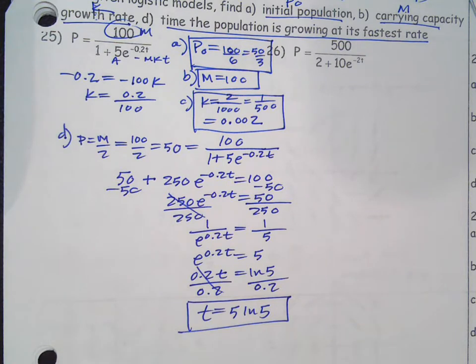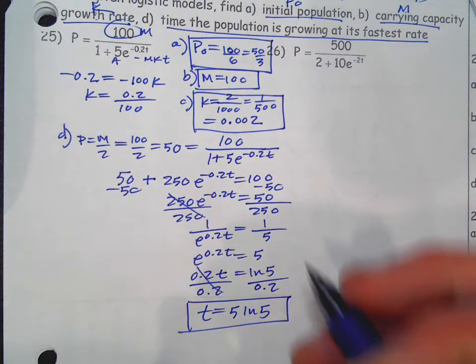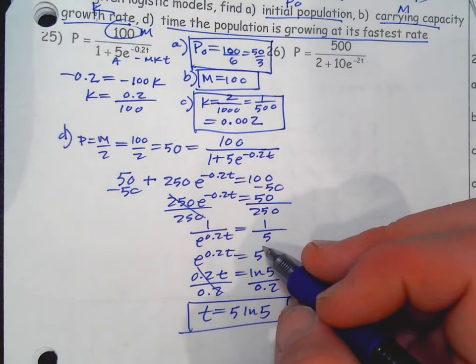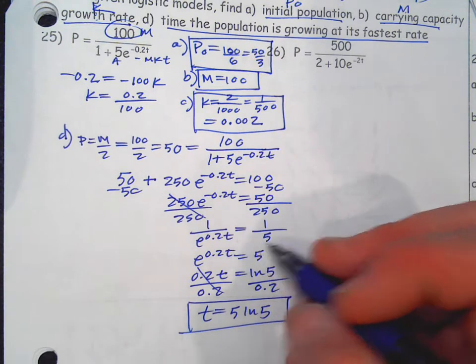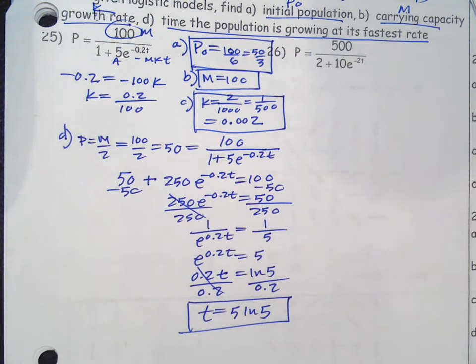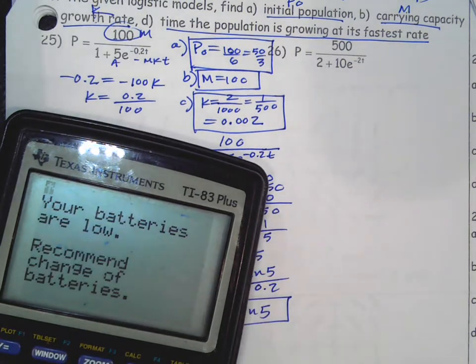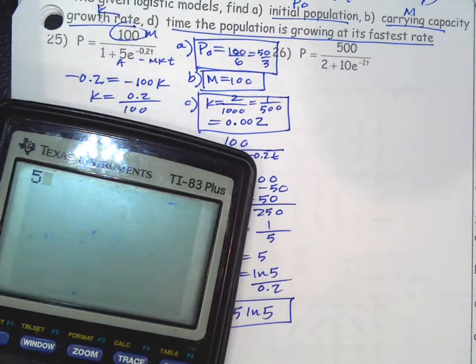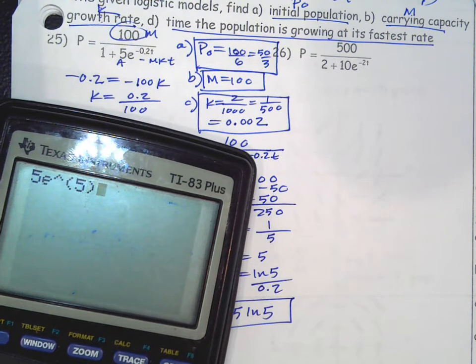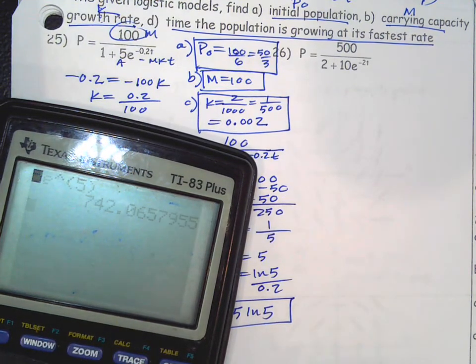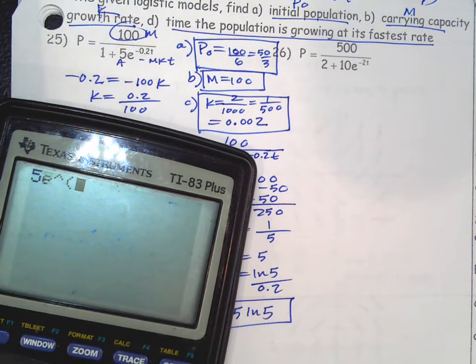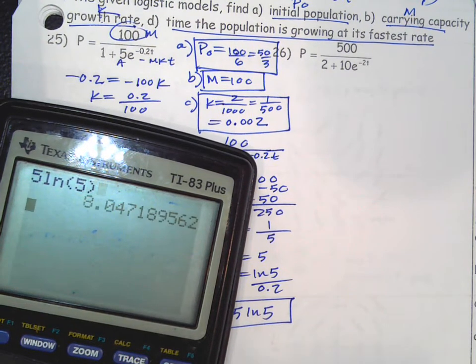If I did that correct. Yeah, I think we're good. I had a little different answer on mine. I didn't clean it up as well, but I think it should give us the same thing. 5 natural log of 5.